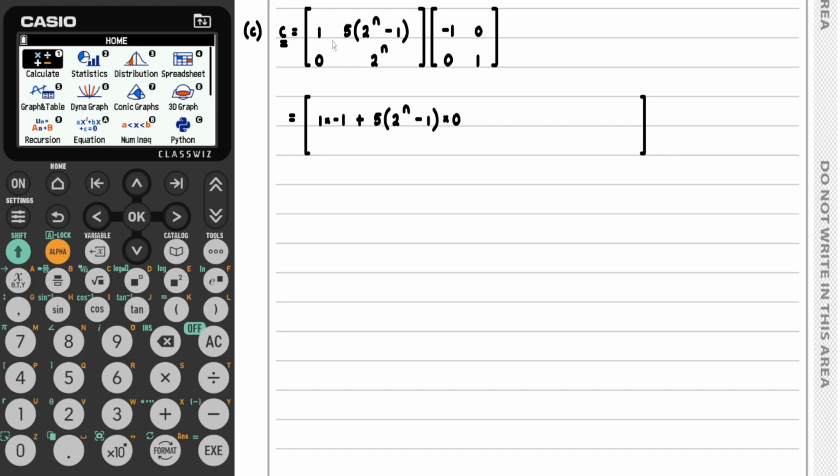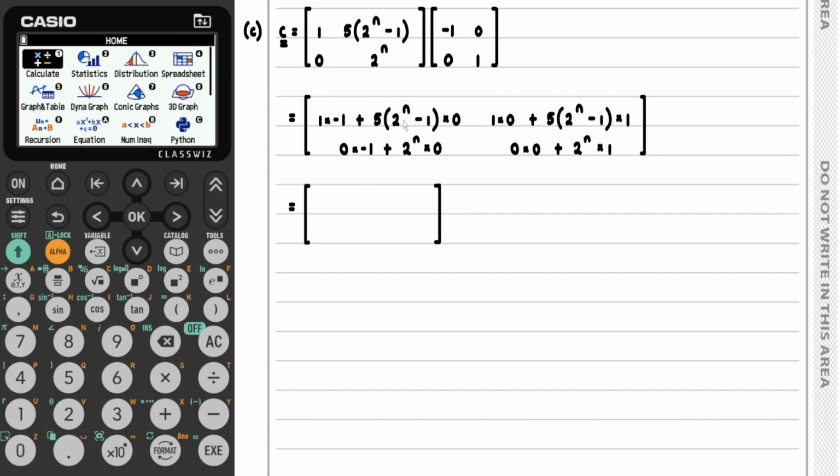Then we've got 1 times by 0 plus 5 times 2 to the n subtract 1 times by 1. Then we've got 0 multiplied by negative 1 plus 2 to the n times by 0. Then we've got 0 times by 0 plus 2 to the n times 1.